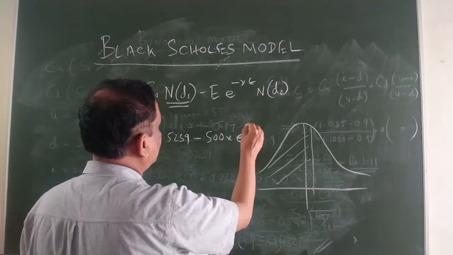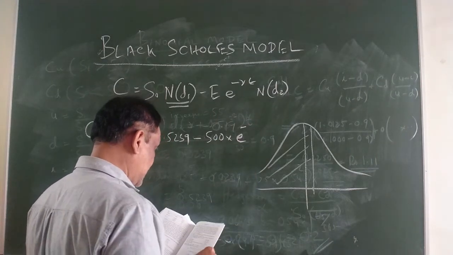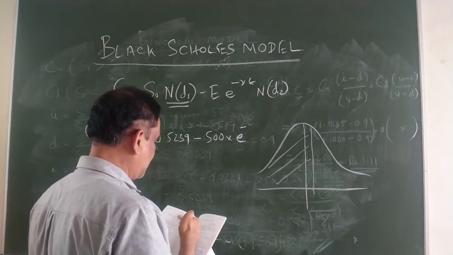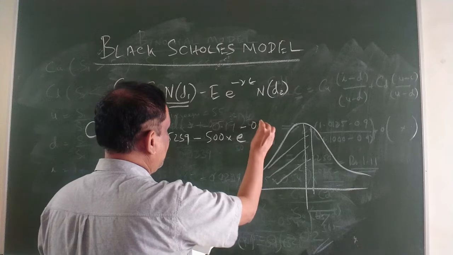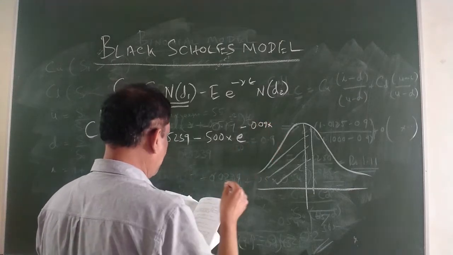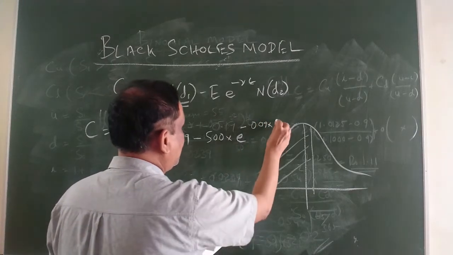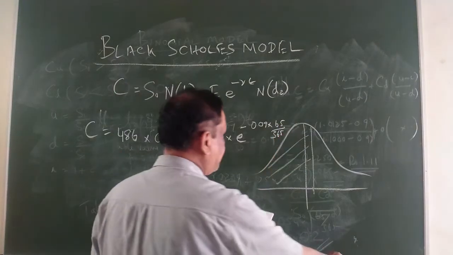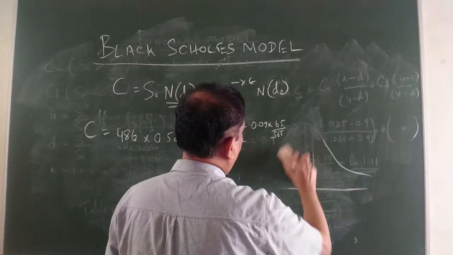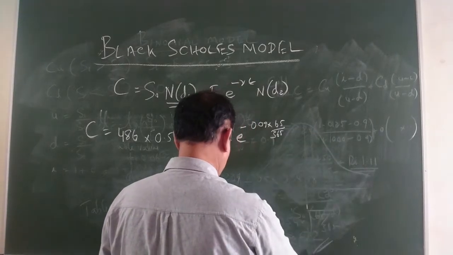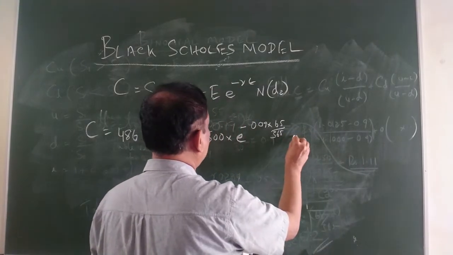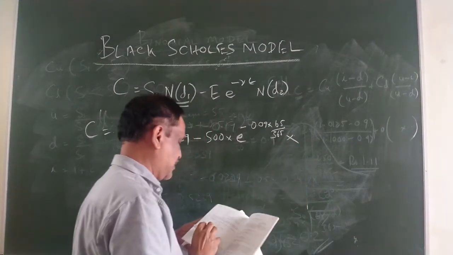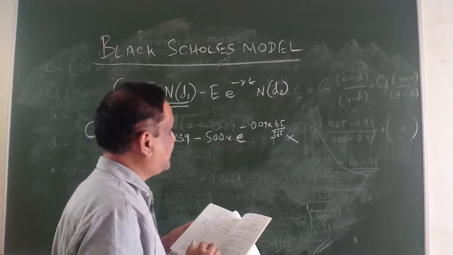minus RT, where R is given as 9%, so 0.09, multiplied by T, which is 65 by 365, times N of D2.